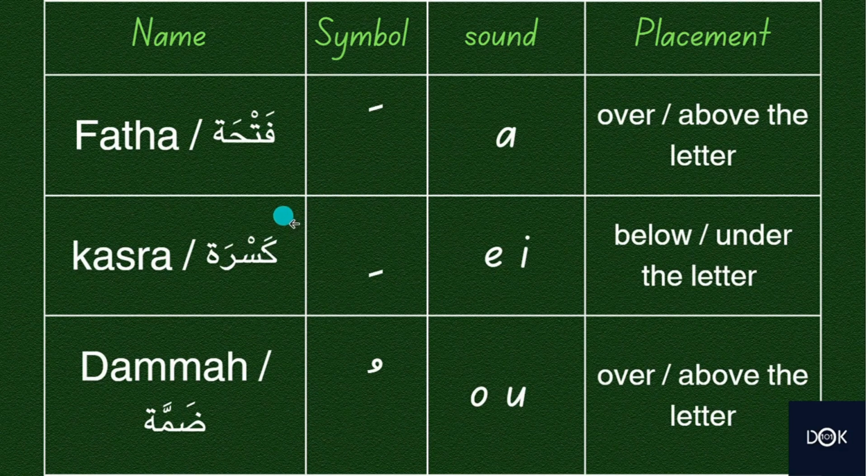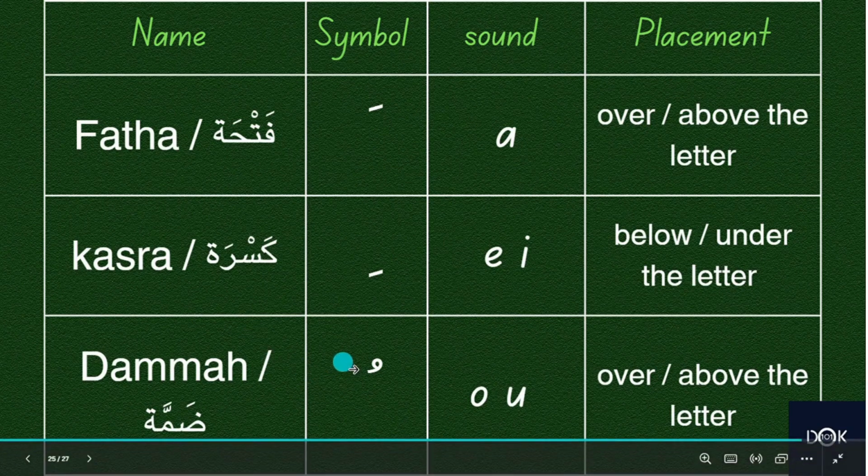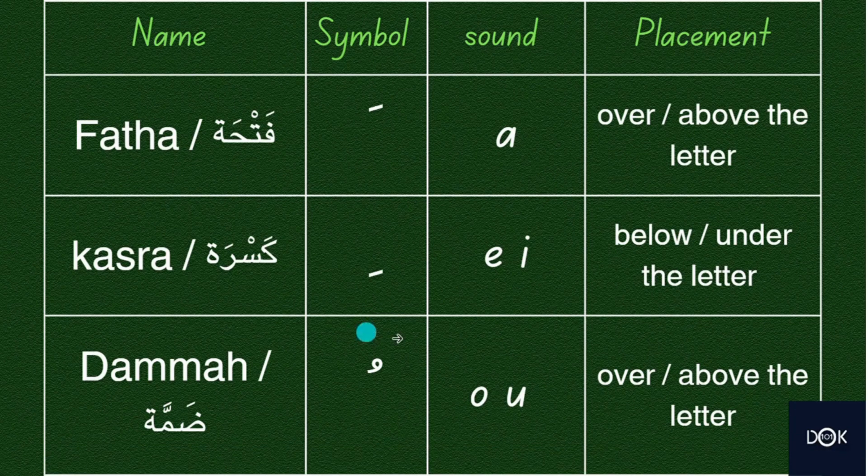The second one is Kasra. It looks just like Fatḥa, but the placement is below or under the letter, and the sound resembles the English vowels E and I. And the last one is called Ḍammah, and it looks like a slanted wow and is placed over the letter, over or above, and the sound of Ḍammah resembles the sound of the two English vowels O and U.